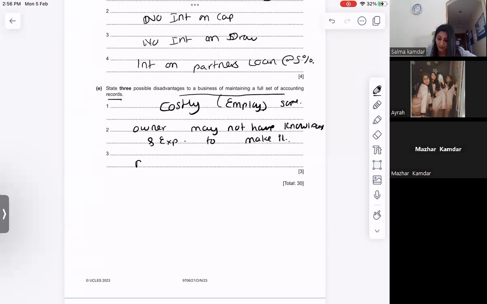It may decrease profits because of extra expenses. These are the only disadvantages of making a full set of records: you don't have knowledge, it may be costly, or it may be time consuming. Good.